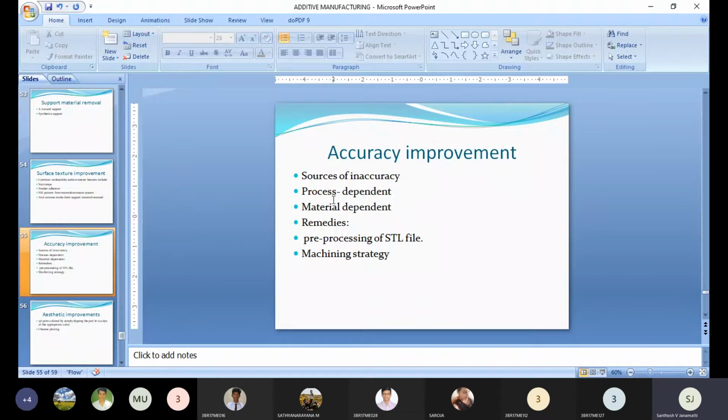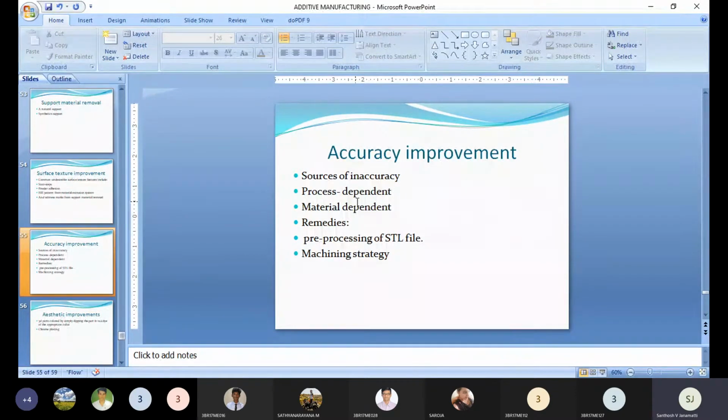So here we have two sources: one is process dependent sources, the other is material dependent sources. What exactly are the process dependent inaccuracy sources? The process dependent inaccuracy can be improved by good operator skill.